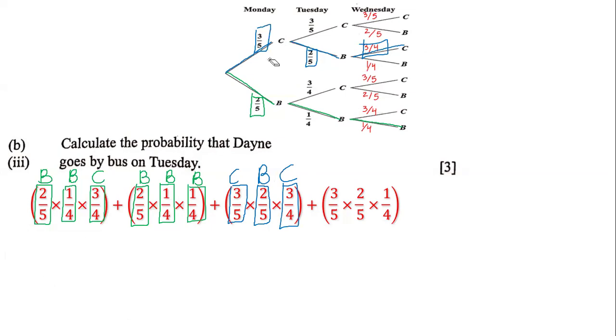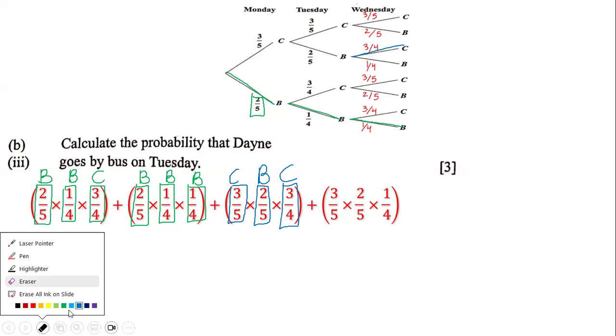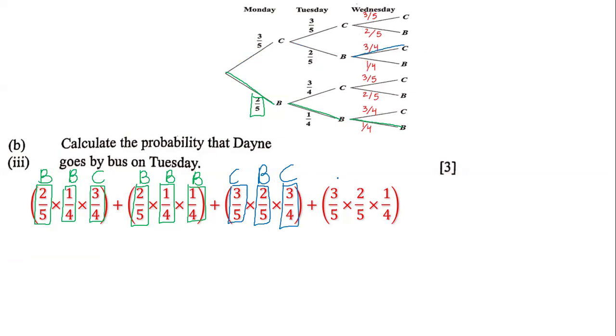And then let me just erase this. What's another way that it could happen? Well, he could take the car on Monday. That's 3/5. And then he could take the bus on Tuesday, which is 2/5.